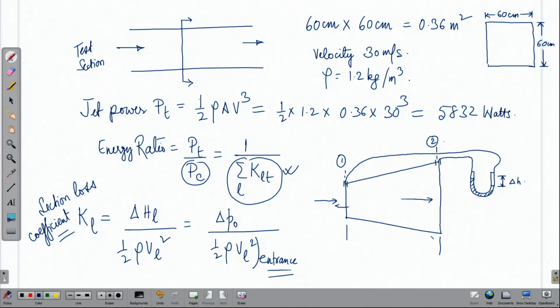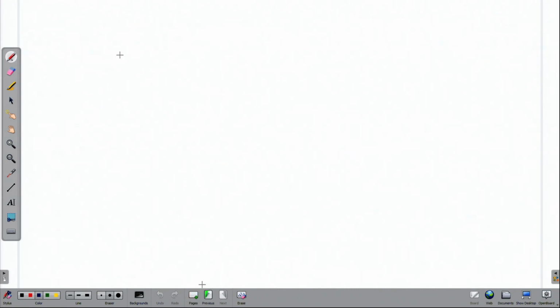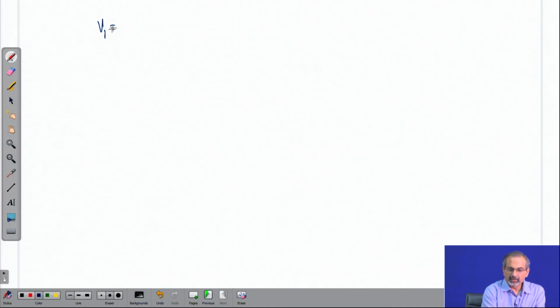Additionally, you can put in pitot-static tubes, and what they will provide you is an assessment of the velocities V_1 and V_2. Now, as far as the two sections are concerned, V_1 is around 30 meters per second, as we are assuming that the velocity remains constant all through the test section, and it enters with the same velocity into the diffuser.